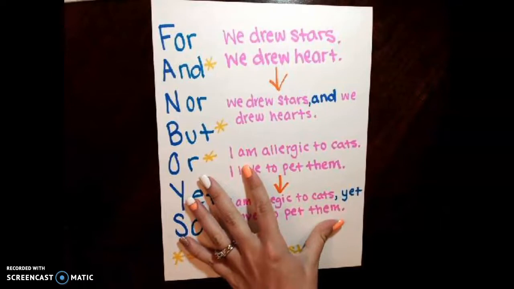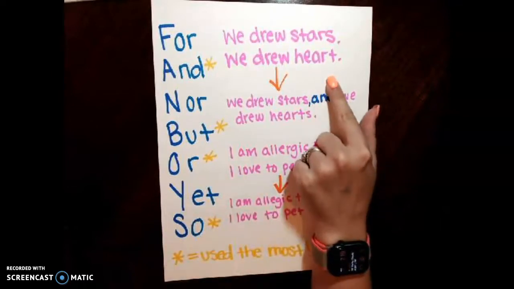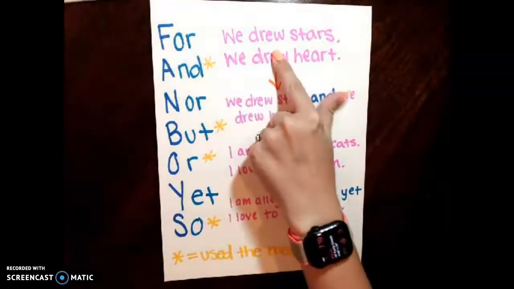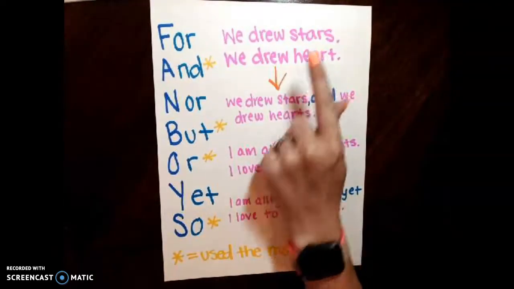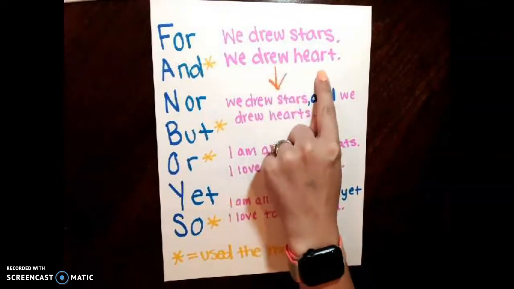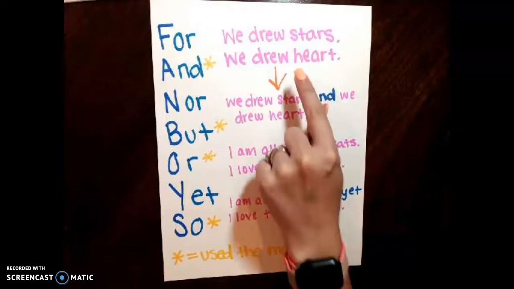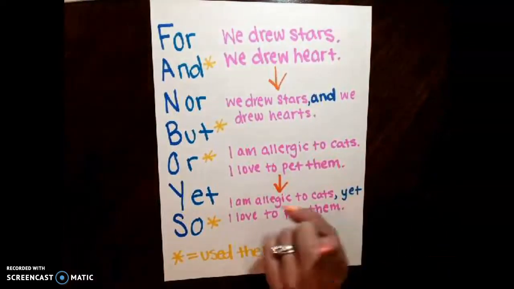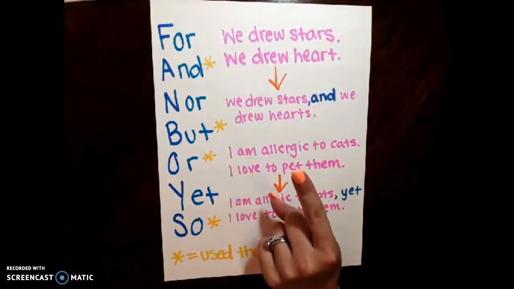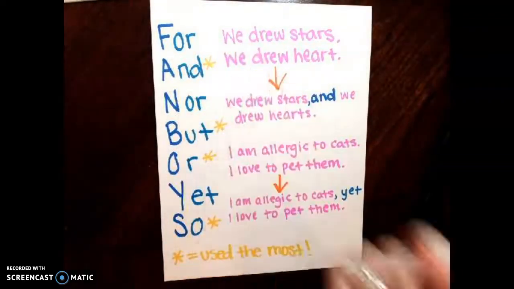So I wrote 2 simple sentences here, and my first simple sentence is we drew stars. We drew hearts is my second simple sentence. So I've already checked off strategy 1 for writing a compound sentence. I have 2 short sentences.